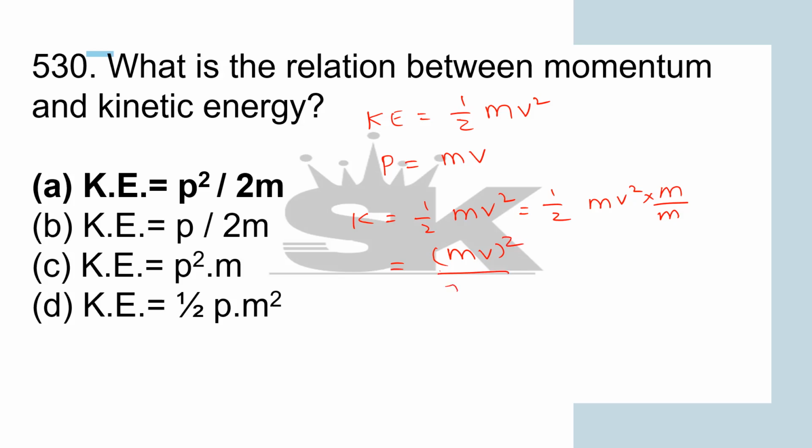Here mv is p, that is momentum. So K equals p squared by 2m.